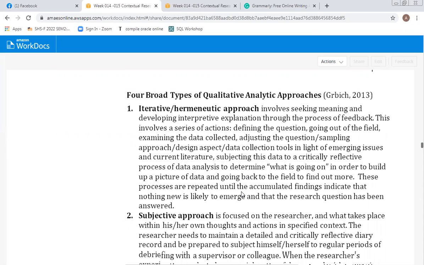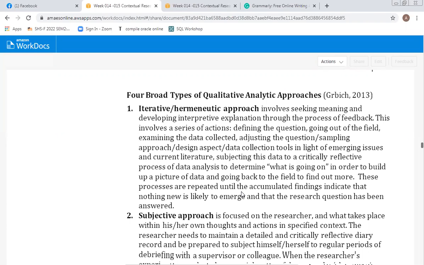This involves a series of action, defining the question, going out of the field, examining the data collected, adjusting the question, sampling approach, design aspect, data collection tools in light of emerging issues and current literature.